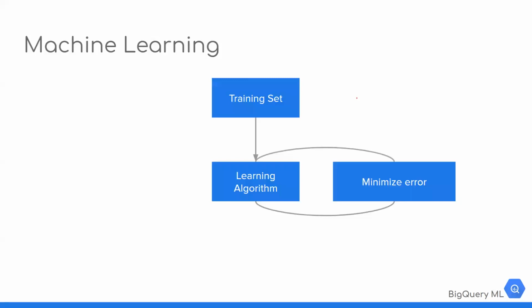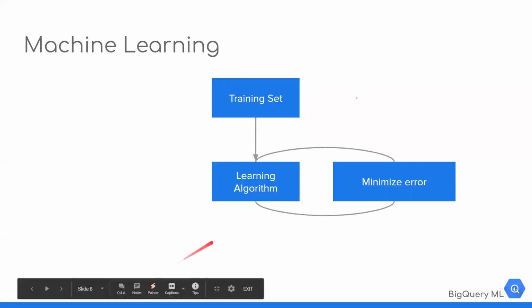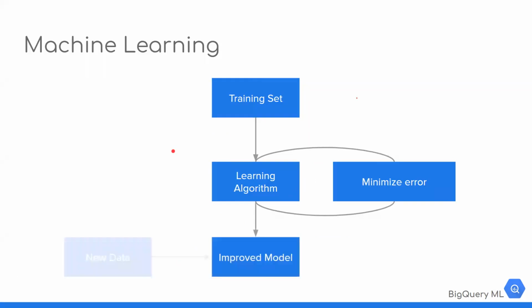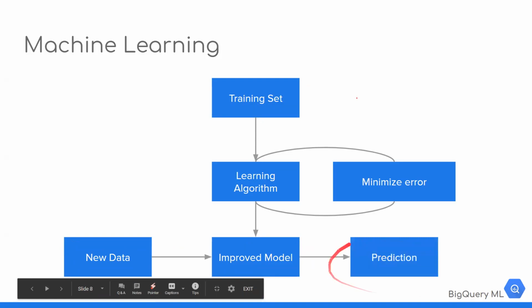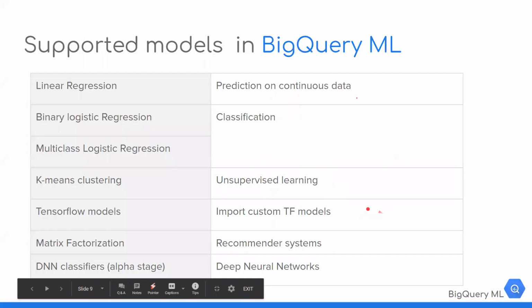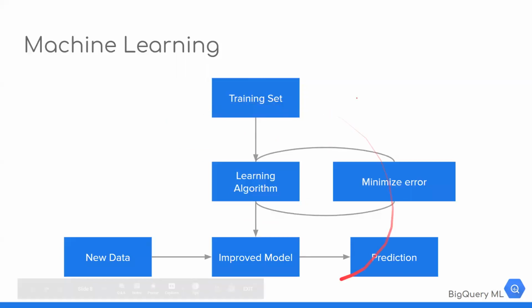So we go through iterations, minimizing the error of the predicted result against the actual one. And this phase is called training your machine learning model, right? After the training is done, you will get an improved model, which when you feed it new data, will pump out the prediction that we need. So this is a very high level model of machine learning.